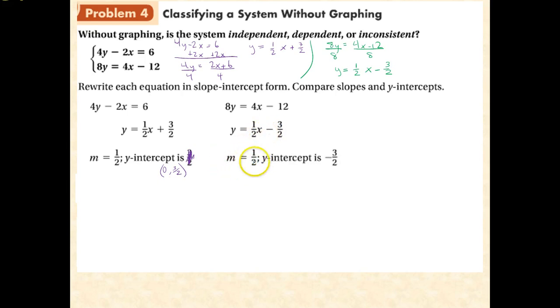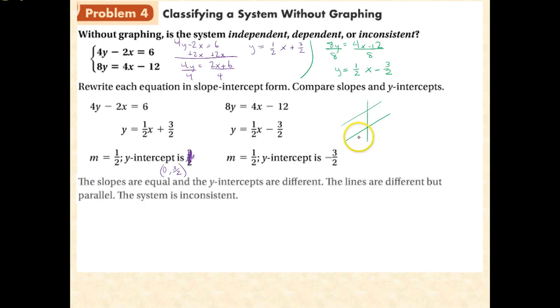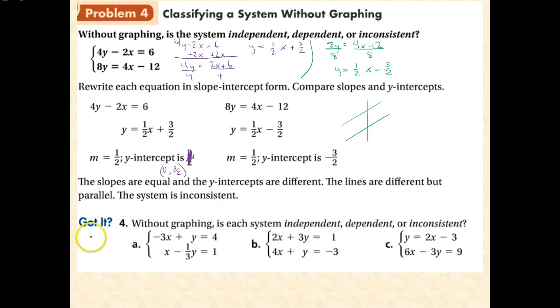They have the same slope, but different y-intercepts. That means they're going to be parallel lines. Same slope, different y-intercept means parallel lines. So the system is inconsistent. There are no solutions. Okay, pause and see if you can figure these out, and then push play when you're ready to see the answers.